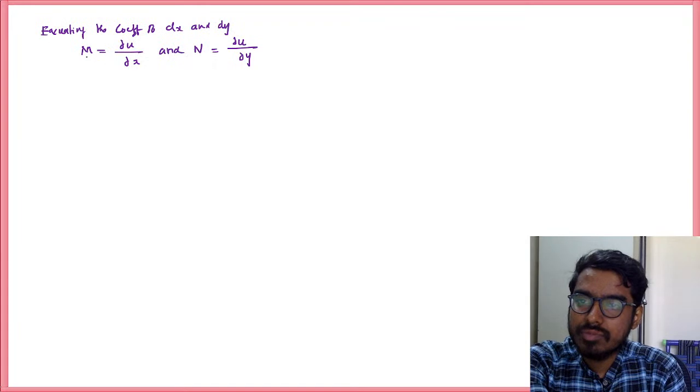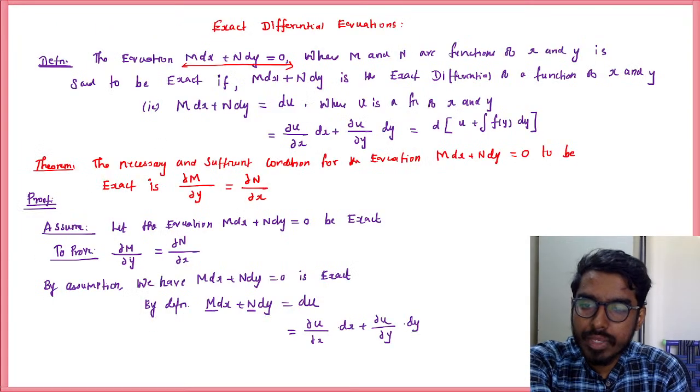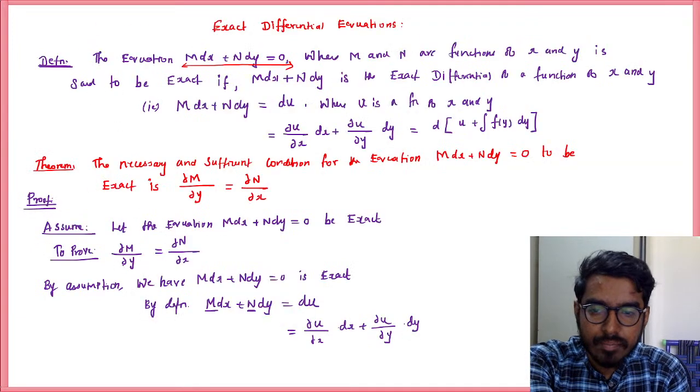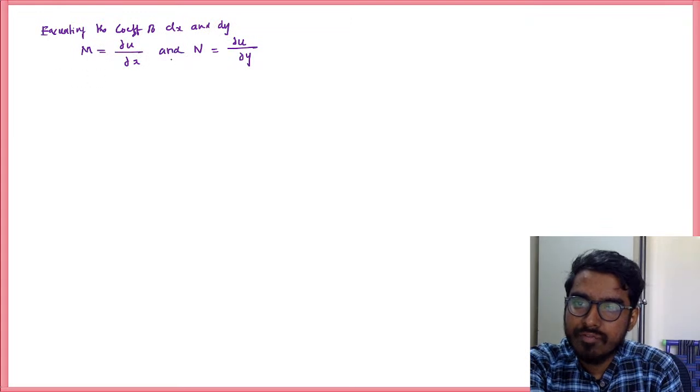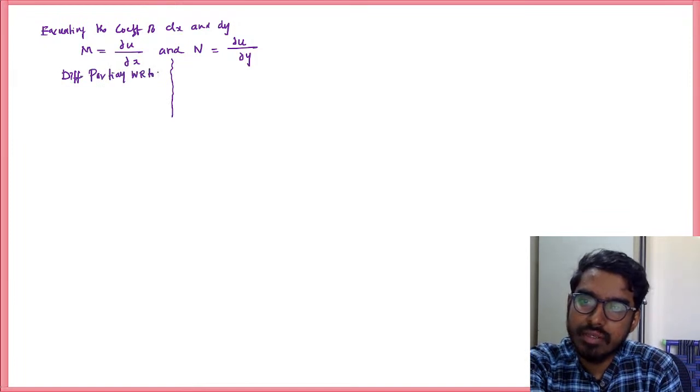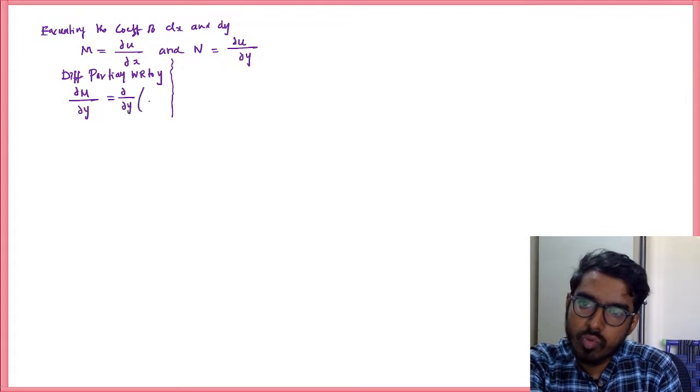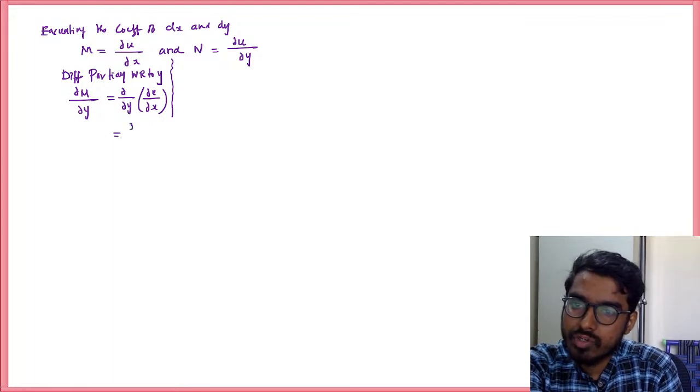So we need to prove dou M by dou y is the same as dou N by dou x. We have found M, so what we'll do is differentiate partially with respect to y. So we have dou M by dou y is equal to dou by dou y of dou u by dou x, which will be dou square u by dou y dou x.